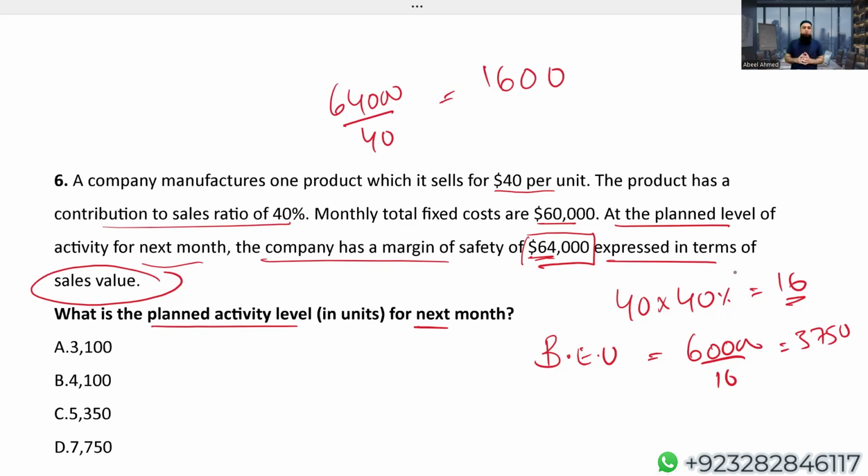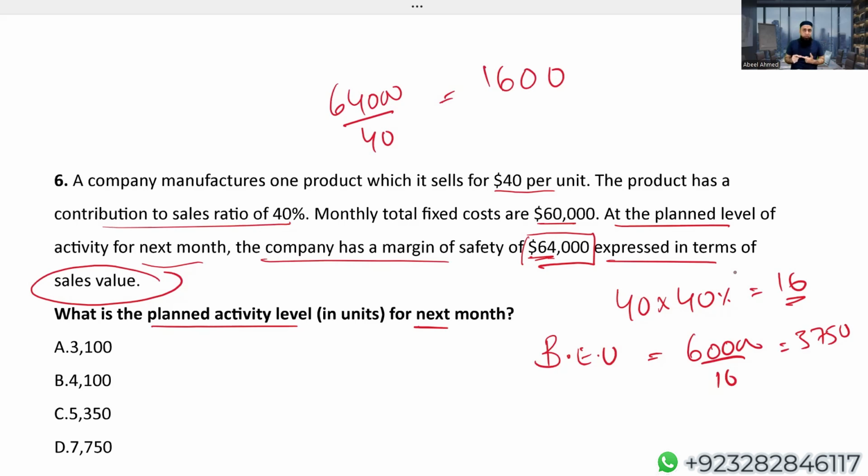Margin of safety is a difference of two things: budgeted revenue minus break-even revenue. The examiner has given us the margin of safety in dollars, so margin of safety divided by the selling price gives us margin of safety units.